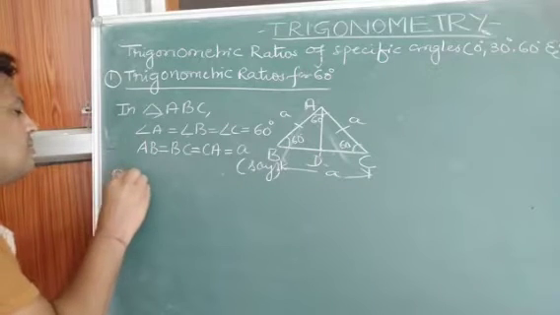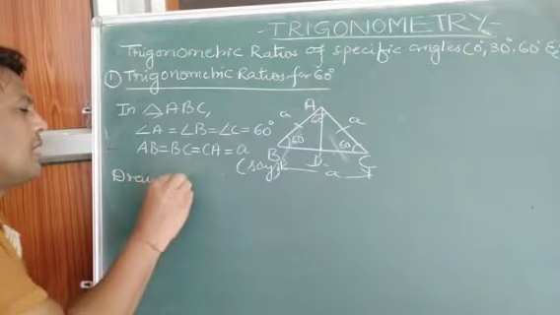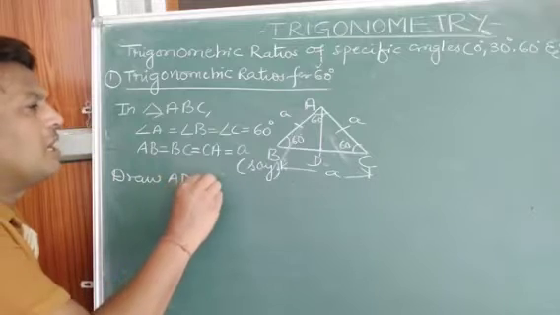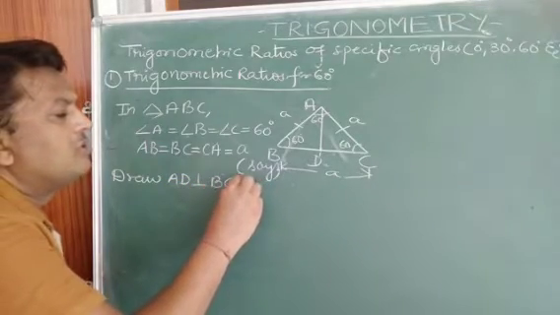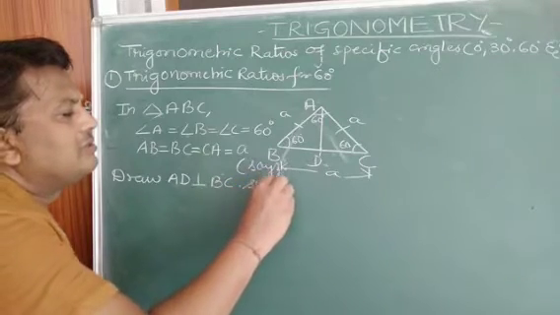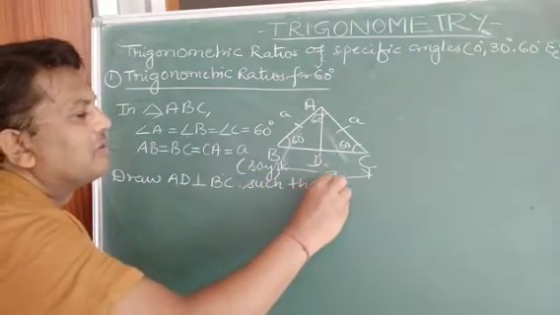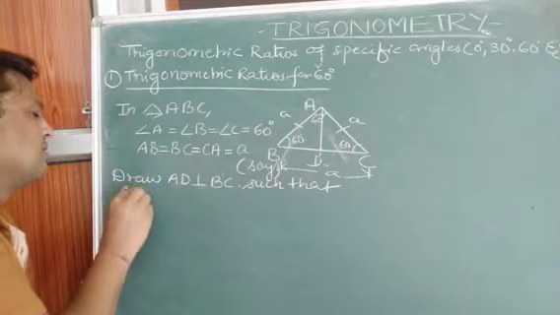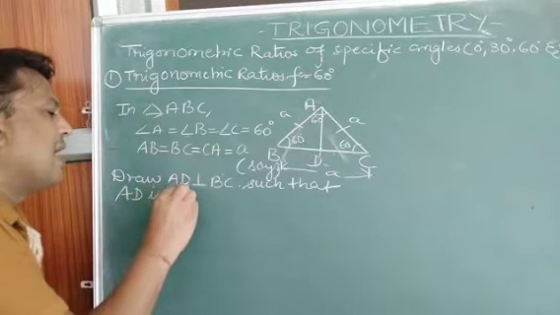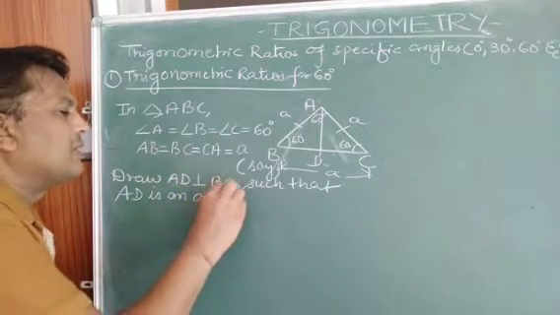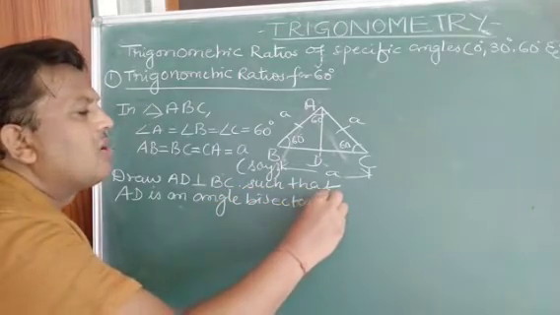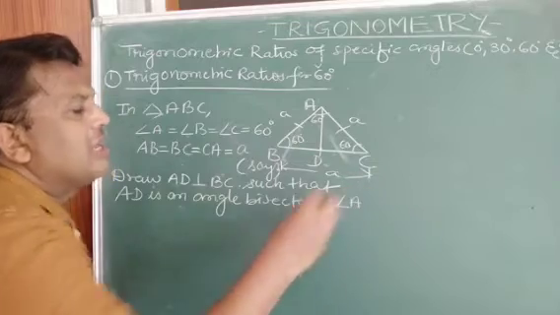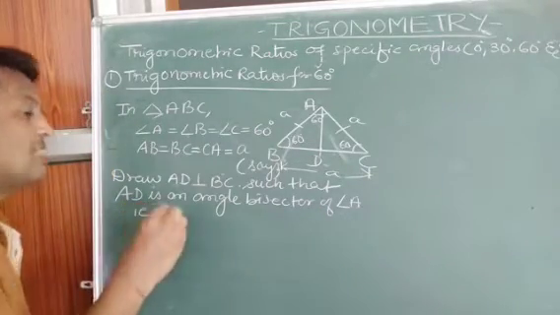So draw AD perpendicular to BC such that AD is an angle bisector of angle A.